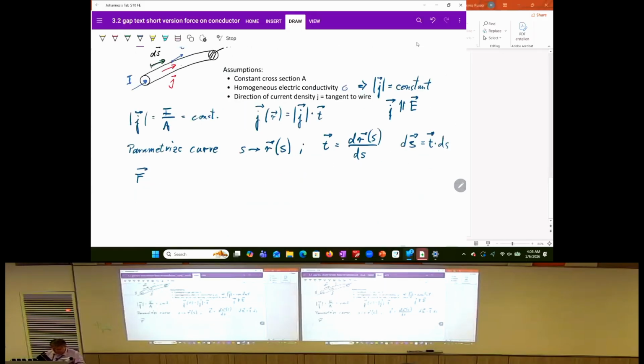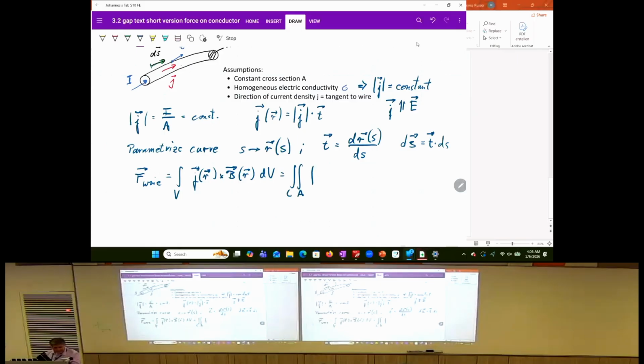The force on the wire is obtained by taking the volume integral over the cross product of current density and magnetic flux over the volume. In this volume integral, you can split up into a curve integral that follows the wire and the cross-sectional integral.